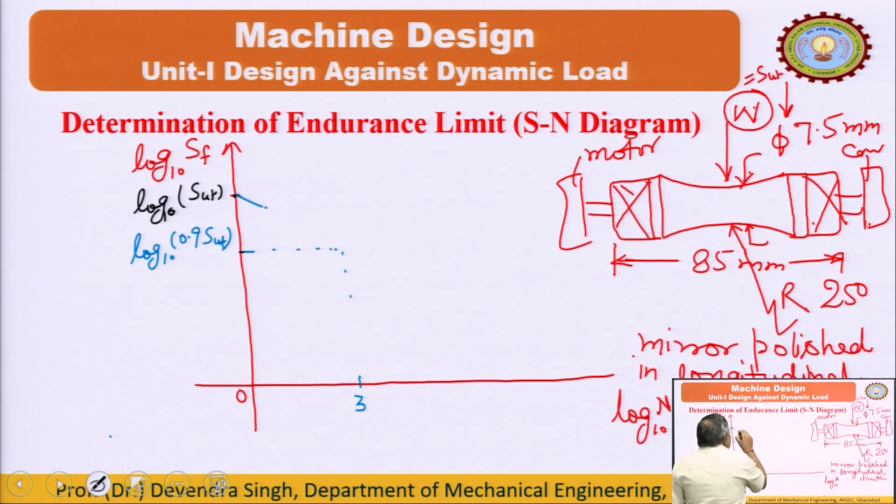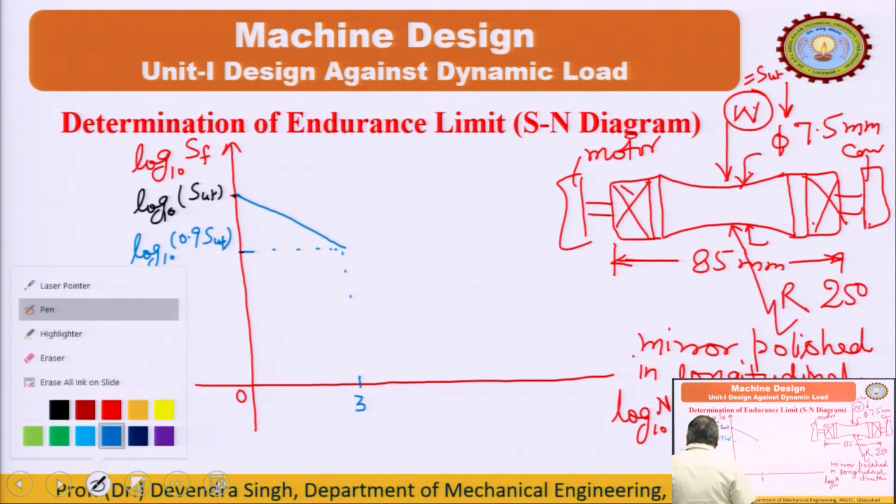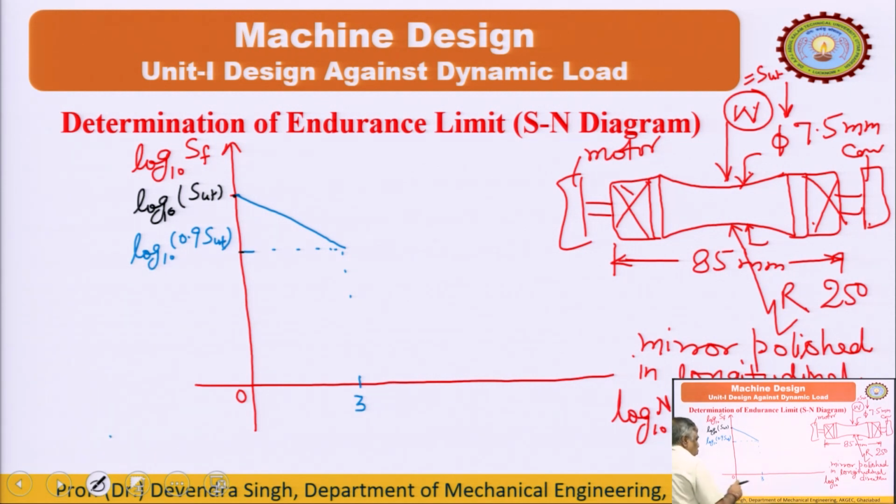So, we draw this line like this, then we reduce further and we go up to somewhere between 6 to 7, यानी 10 to power 6 to 10 to power 7 revolutions.